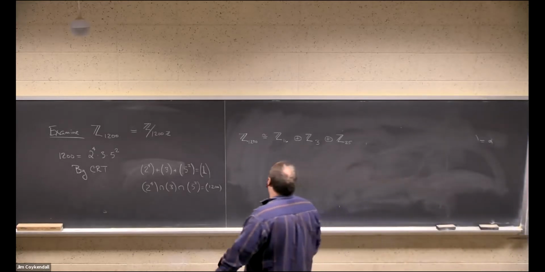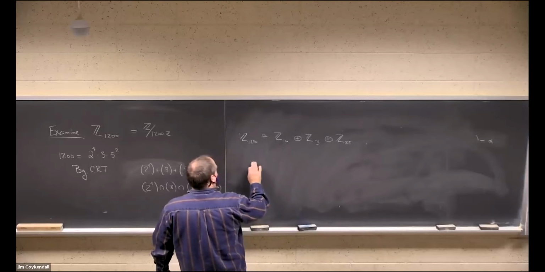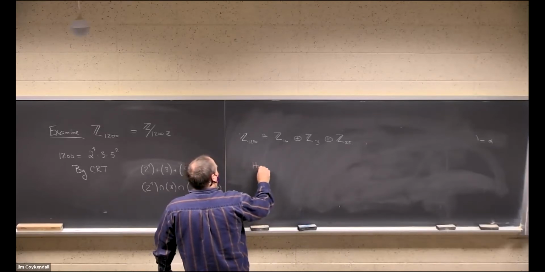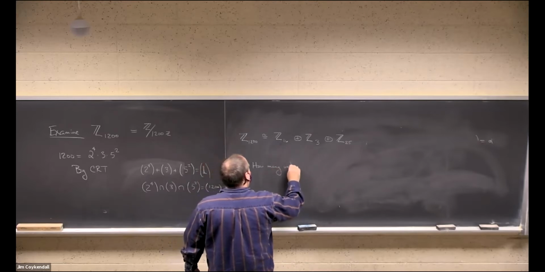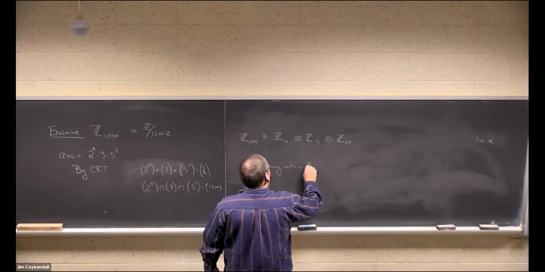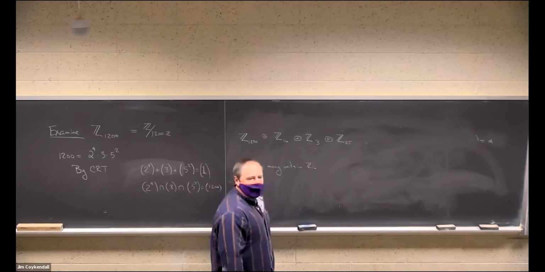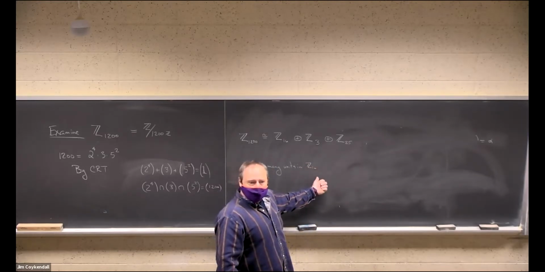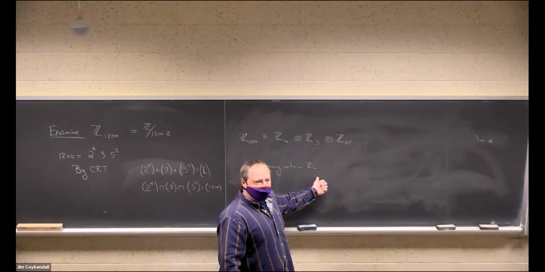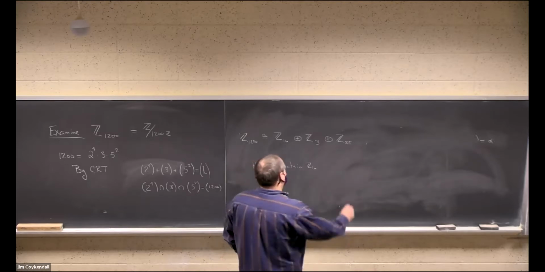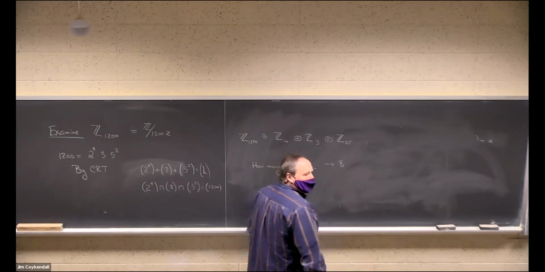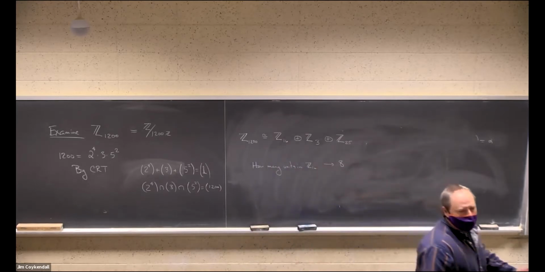But this is a much easier problem, right? Because 16 is a power of 2, and the units are everything mod 16 that is relatively prime to 2. So it's just the odd integers. So there are 8 of them: 1, 3, 5, 7, all the way to 15.